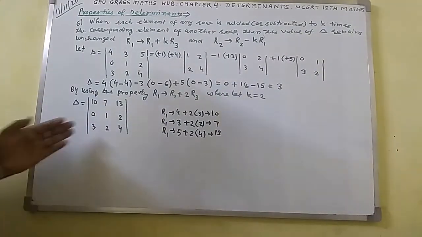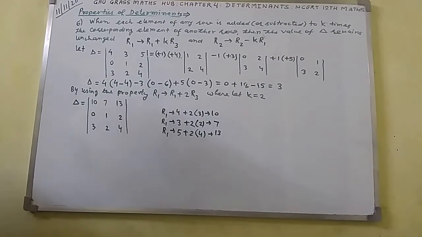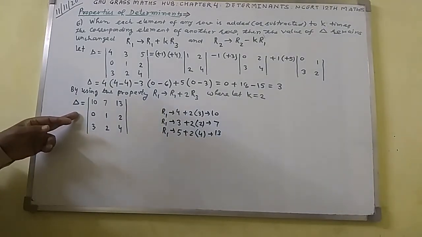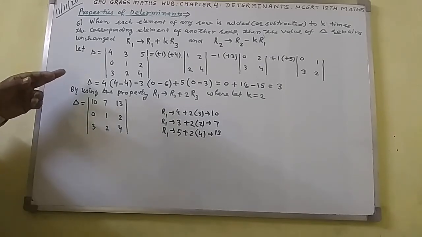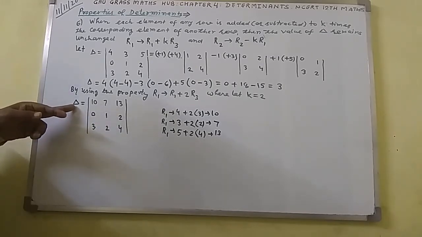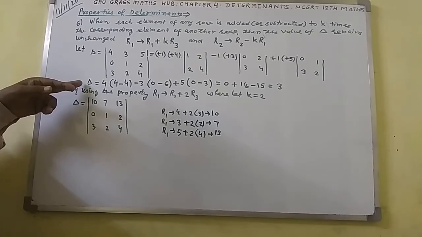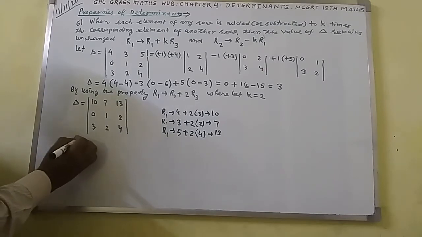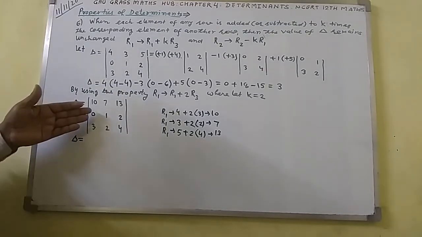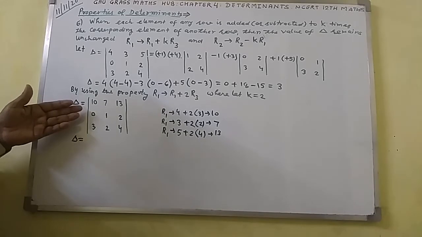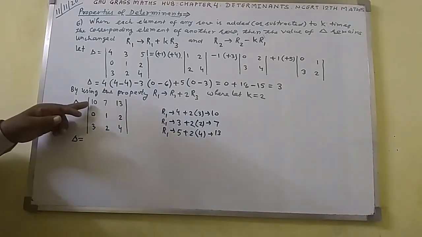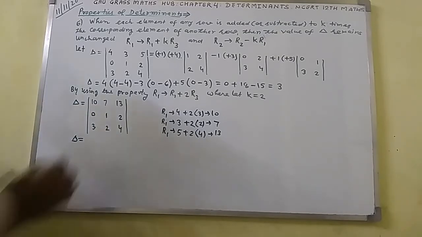Now evaluate this determinant. After evaluation of this determinant, we will get the value of the original determinant as 3. So now evaluate this value. Here this determinant is to be expanded row wise. So here you can see 10 is there. Write here plus 1.